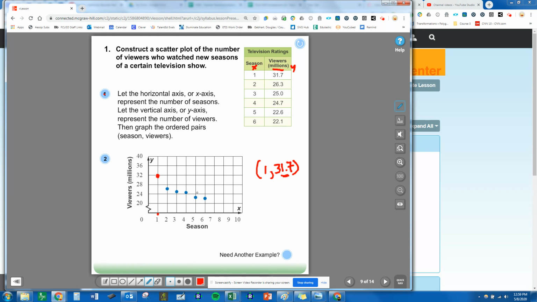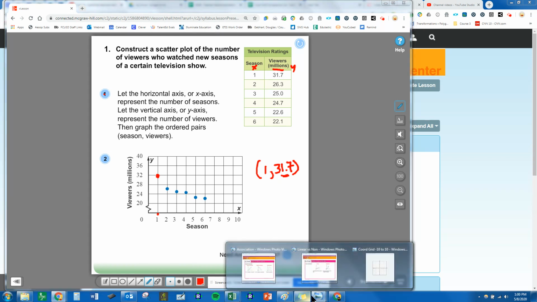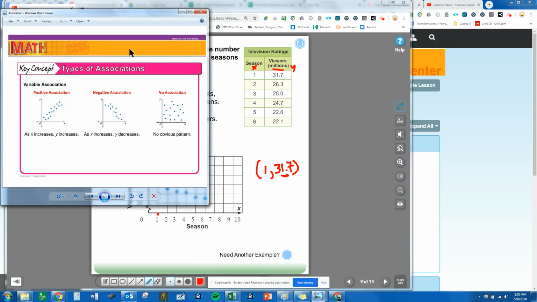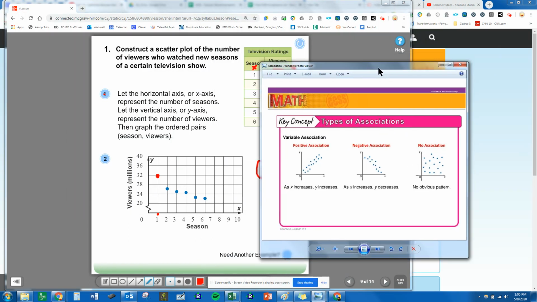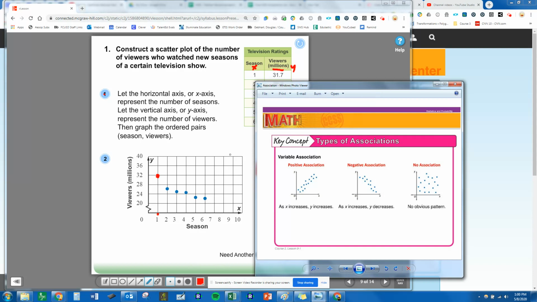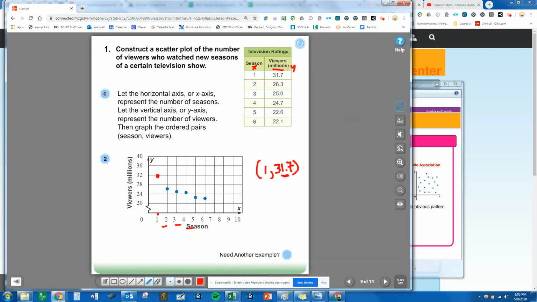So what do you notice about this? First, let's answer this. What kind of an association do you see with this? Would you call this data positive, negative, or no association? You should have said negative association because it does look like as each season goes on, less and less people are watching whatever this certain TV show is.